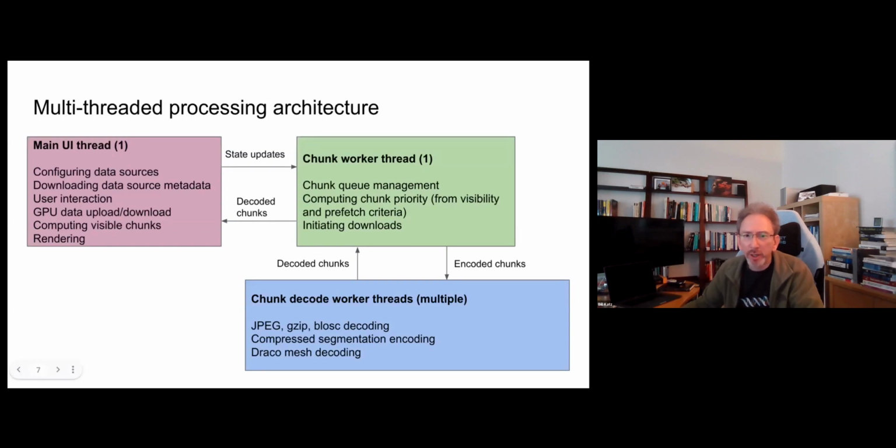Down in the chunk decode worker threads, when you were talking about compressed segmentation encoding, and you covered that in a later section talking about the Neuroglancer compressed segmentation format. I know that you had mentioned to me before about that being necessary for optimal GPU memory usage. I guess what I didn't know before, you can clarify this.